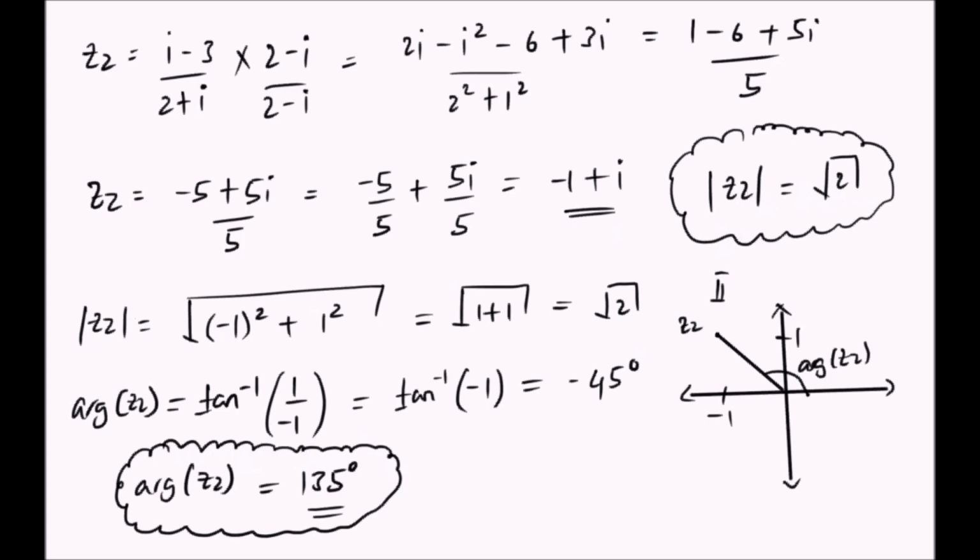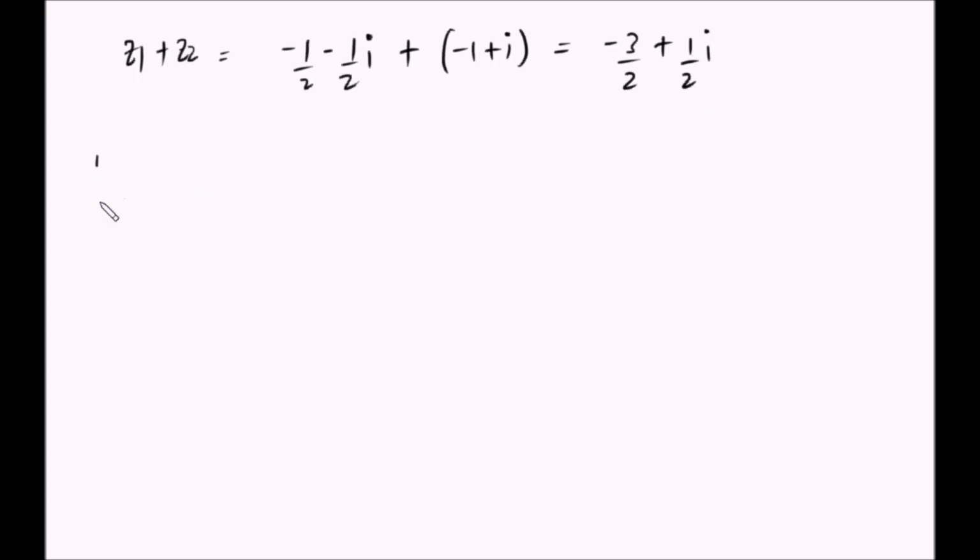So the final part was to find the modulus and argument of z1 plus z2. Let's do that one. So we want z1 plus z2. Now remember, z1 was -1/2 minus 1/2 i, while z2 was -1 plus i. So if you add this, you get -3/2 plus 1/2 i. So if I want the modulus of z1 plus z2, it's just the square root of this real part squared plus imaginary part squared.